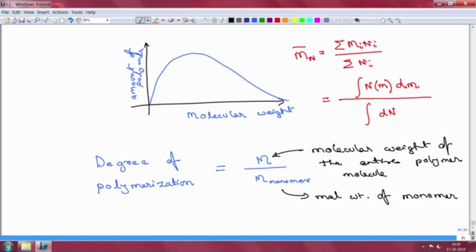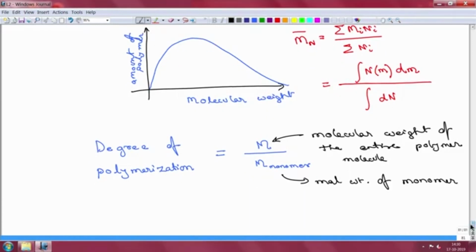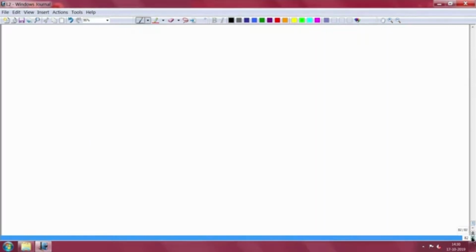Right. So, as the degree of polymerization changes, your property should change. Right. So, going back to the degree of polymerization, let us take polyethylene.